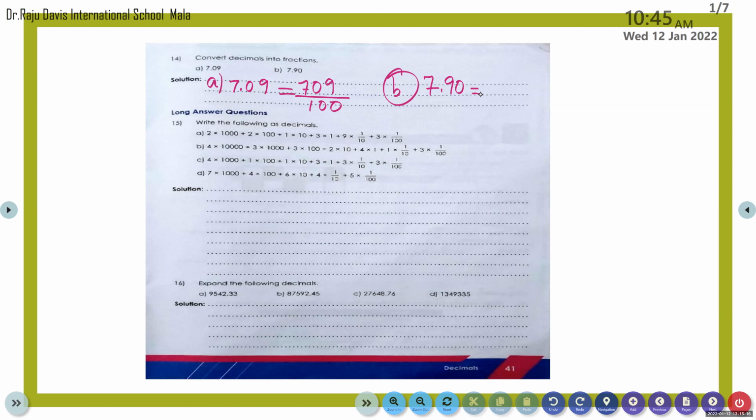Write the number without the decimal point. So what is that numerator? 790. Write the number without the decimal point, divided by 100.